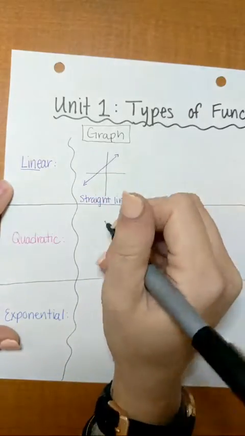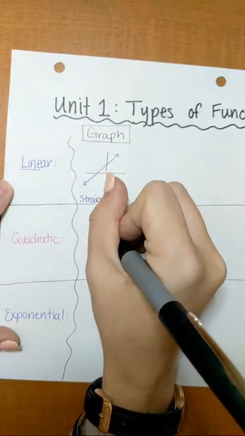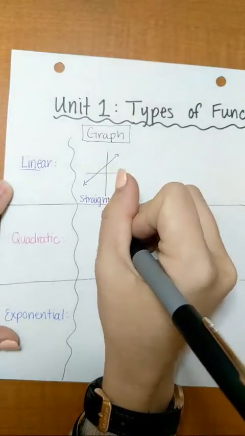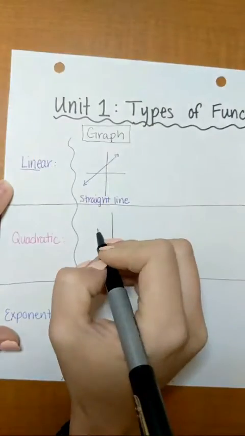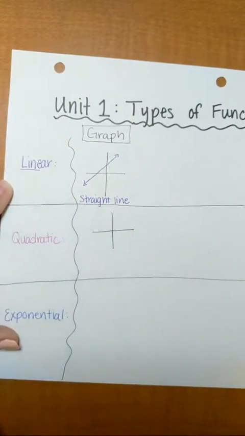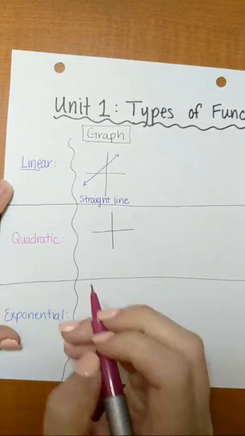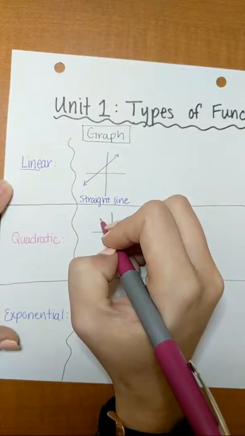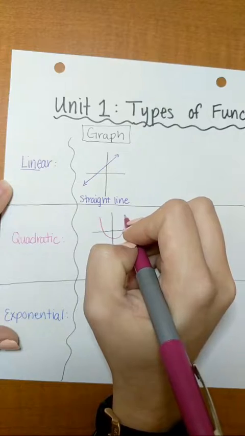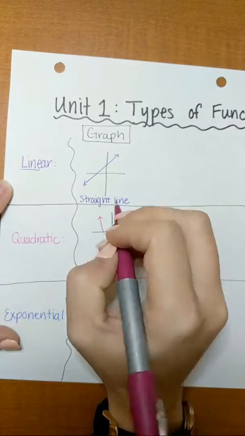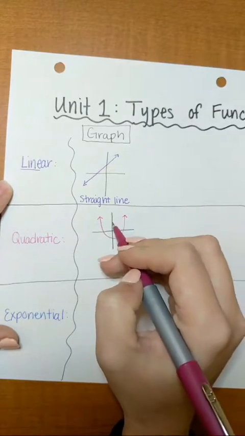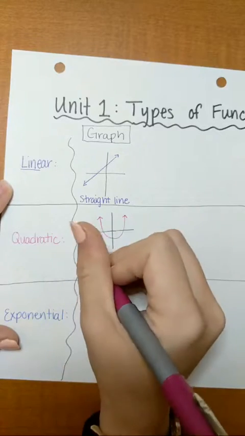Then for quadratics, it will be in the shape of a U, or it could also be upside down, kind of like an N.